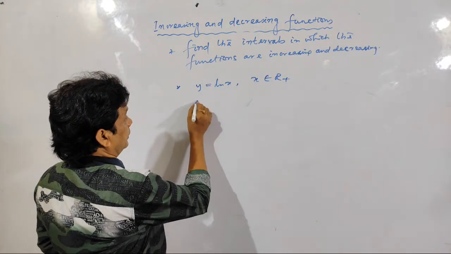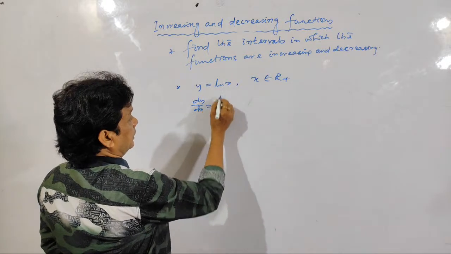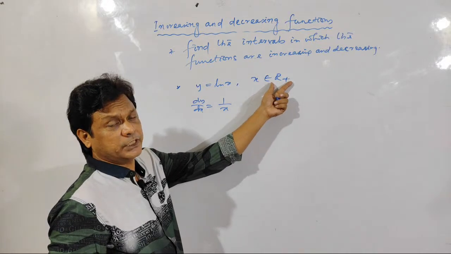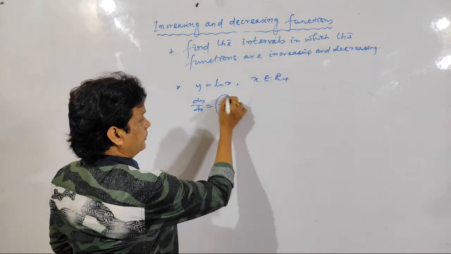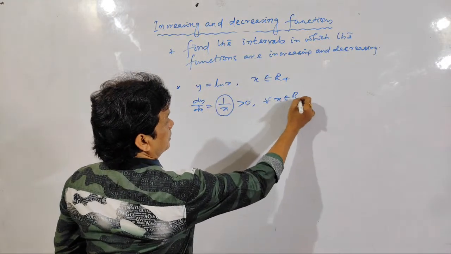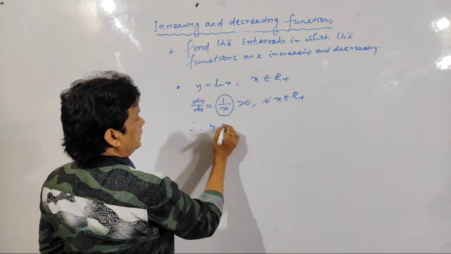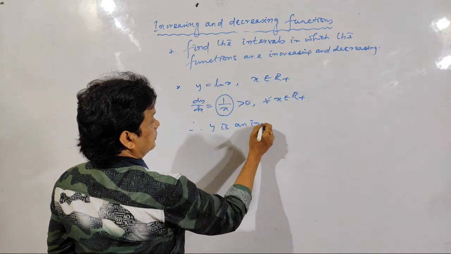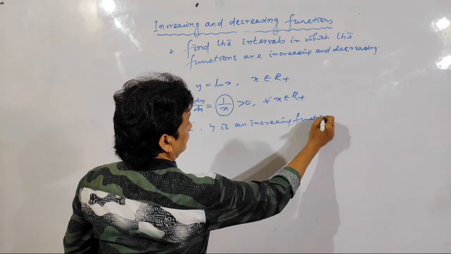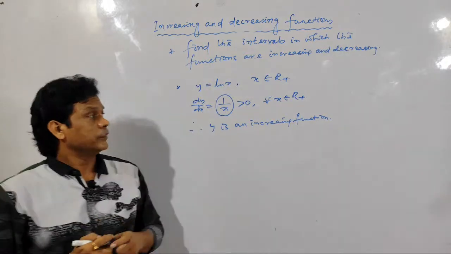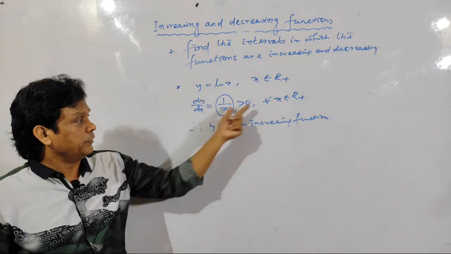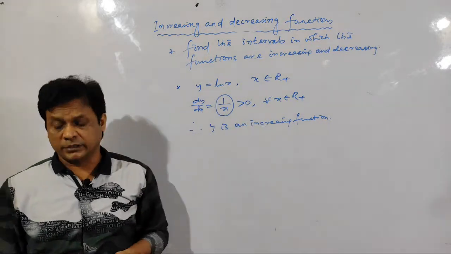Okay. dy by dx, the derivative of log x is 1 by x, and x is given as R plus, that means positive real number. So x is a positive real number, so 1 by x is also a positive real number for all x belongs to R plus. Therefore y is an increasing function. Clear? X is positive, so 1 by x is also positive. So since the derivative is positive, the given function is increasing.